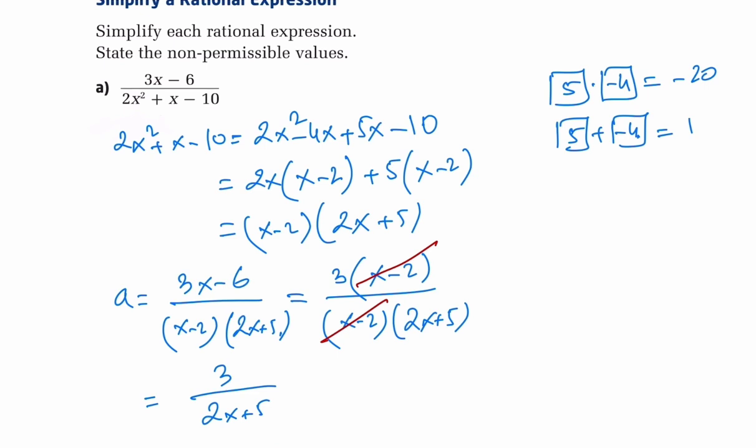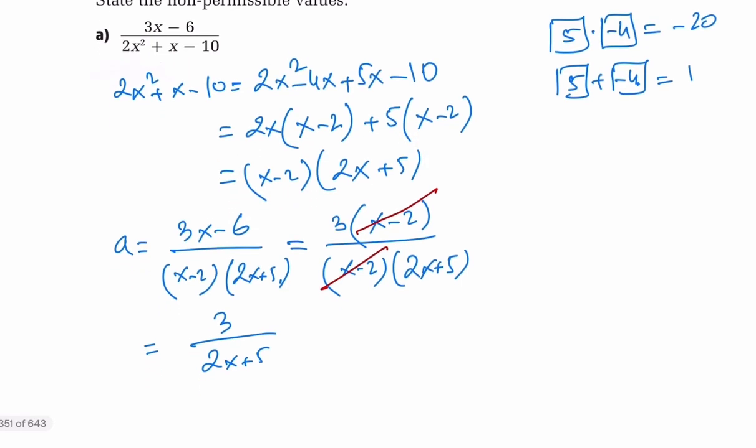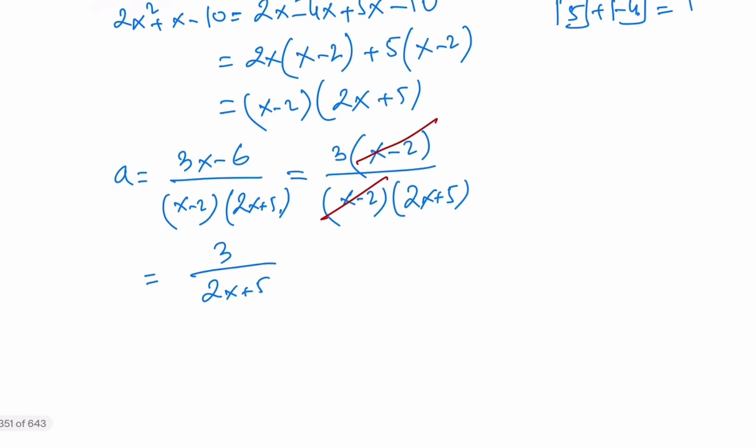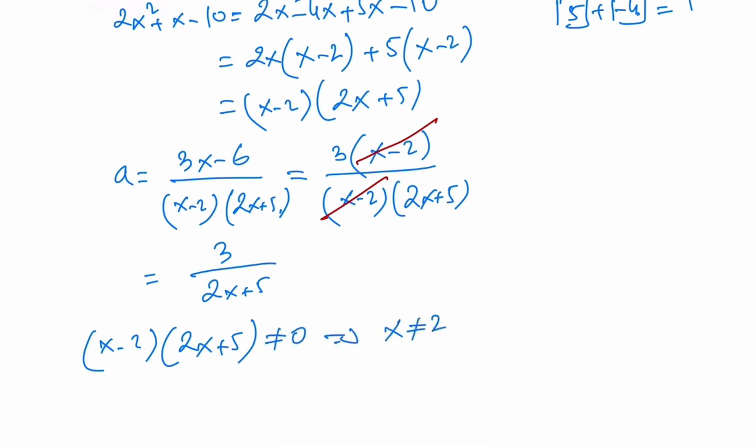Now I have to see what the non-permissible values are. Same thing, I will go back to my factorized expression, and from there I can find my non-permissible values. So x minus 2 times 2x plus 5 should be different than 0, which means that x should be different than 2, or x should be different than minus 5 over 2.